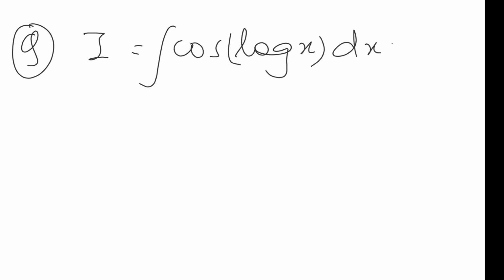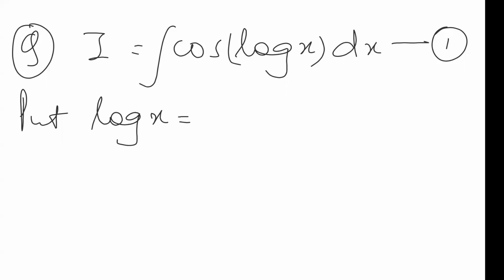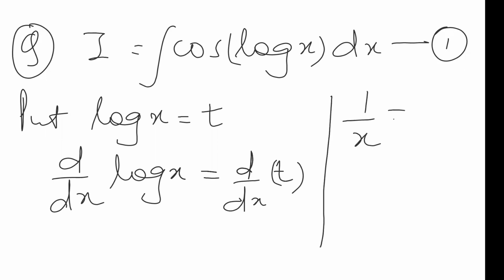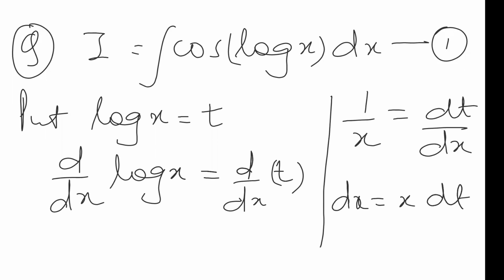Now here we'll use method of substitution. Put log x is equal to t. So d by dx of log x is equal to d by dx of t. This will give us 1 upon x is equal to dt by dx, and dx is equal to x dt.